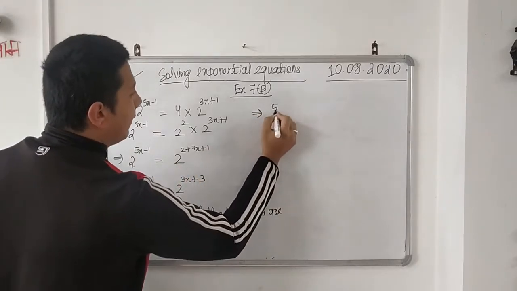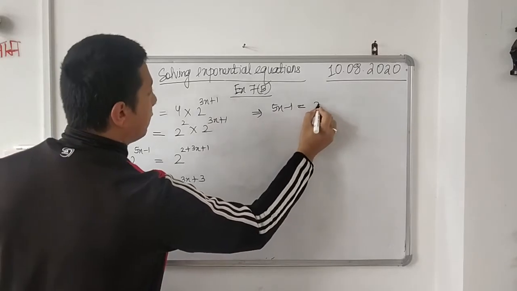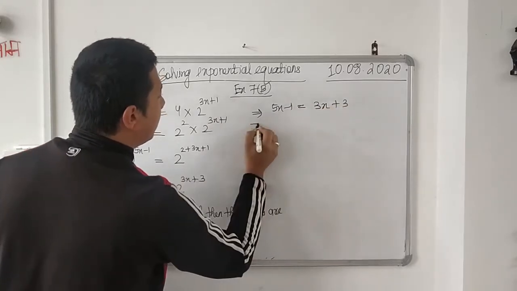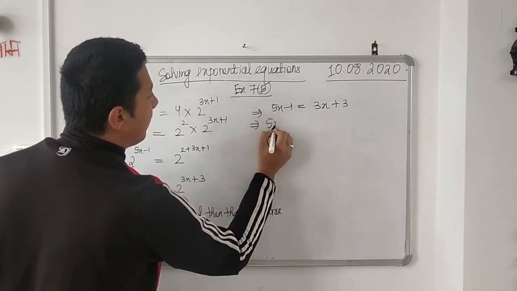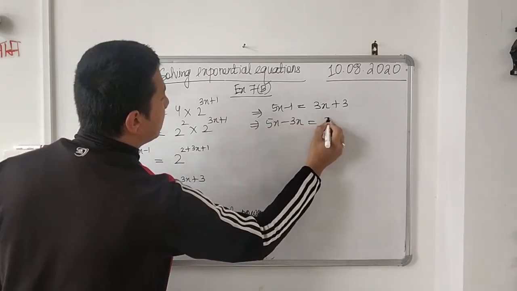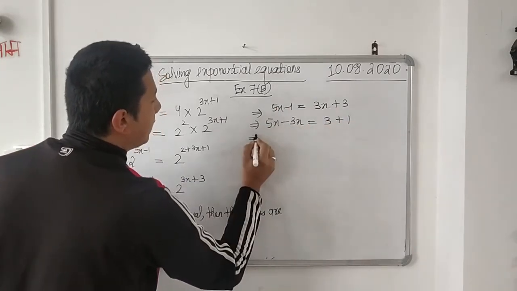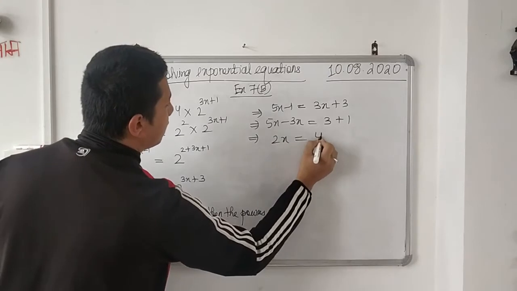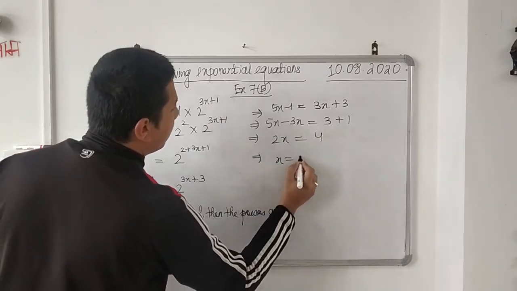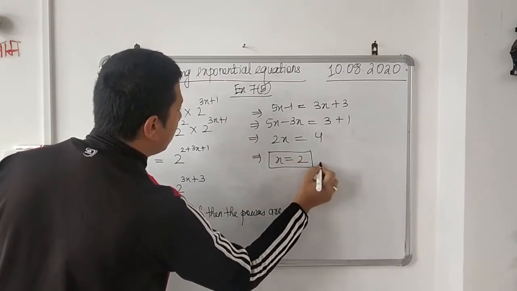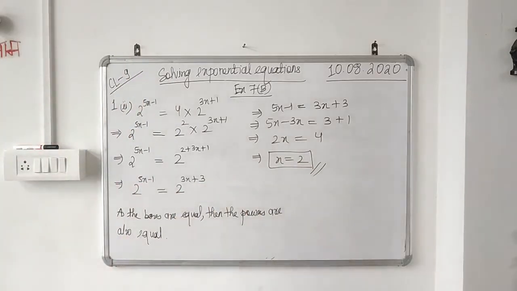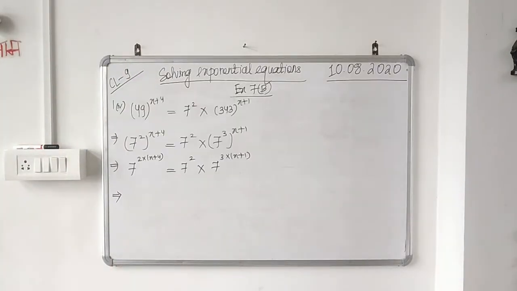Therefore we will be getting 5x minus 1 is equal to 3x plus 3. Therefore this will give you 5x minus 3x is equal to 3 plus 1, that is 2x is equal to 4. So which will give you the value for x as 2. Alright. So please pause the video and note it down.